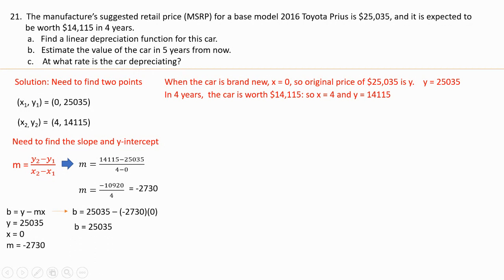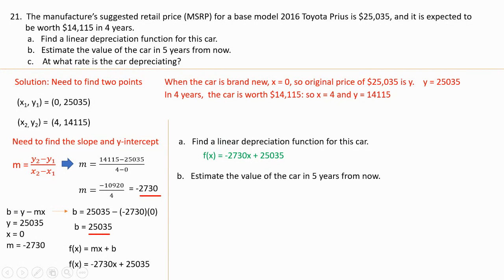So that's my b. So I found my b, and I have my slope. That's my slope. That's my y-intercept. So plug it into the formula. So this is a linear depreciation function. So that's the answer for part A.